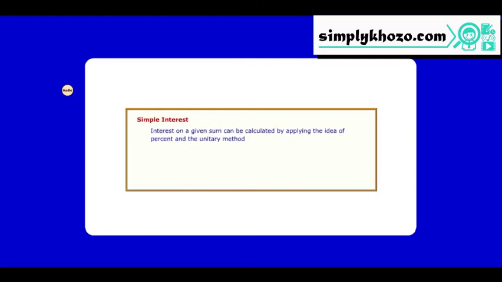Interest on a given sum can be calculated by applying the idea of percent and unitary method. If the interest is calculated uniformly on the original principal throughout the loan period, it is called simple interest.